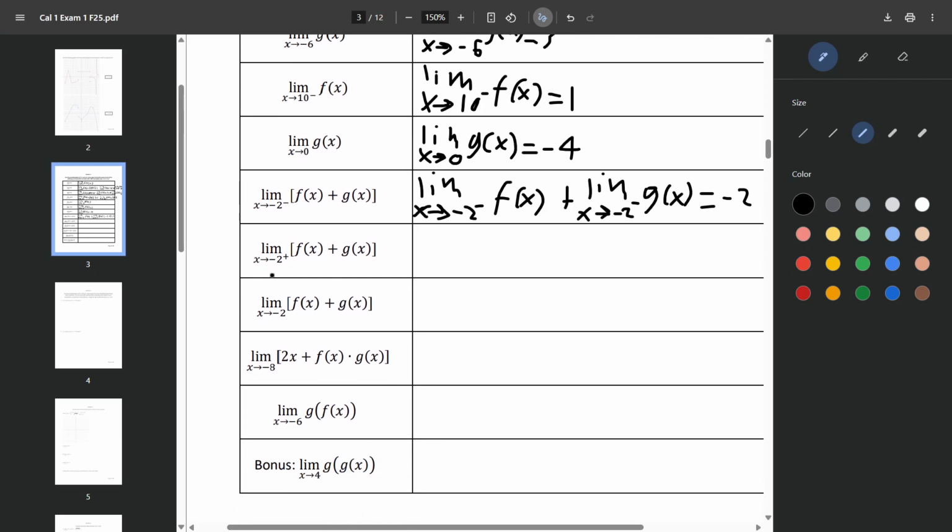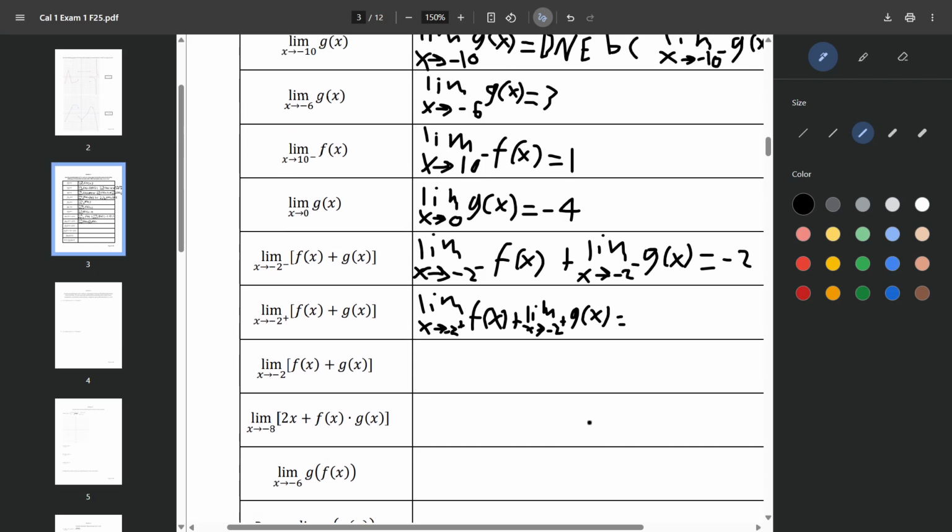And we shall apply this same rule for our next question, which is the limit of x approaching -2 from the right side of f of x plus g of x. So we will rewrite this equation as the limit of x approaching -2 from the right of f of x plus the limit of x approaching -2 from the right of g of x.